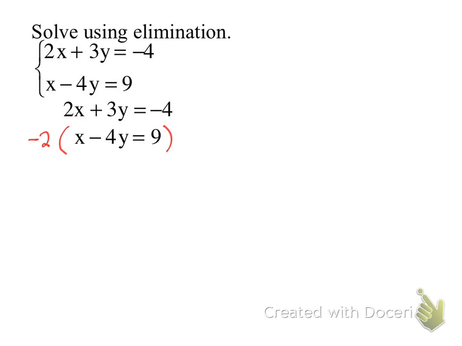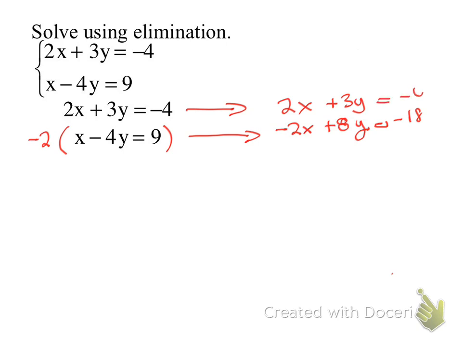So then I end up with, and notice I'm writing my arrow, -2x plus 4y equals -18. Oh yeah, 8y. And then this one, I'm just going to rewrite the arrow, and I'm showing 2x plus 3y equals -4.